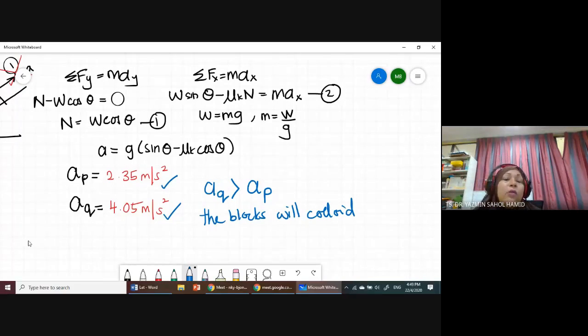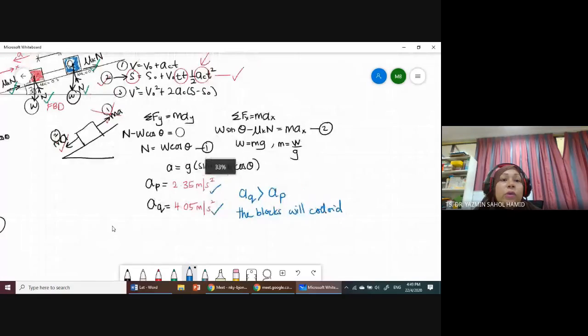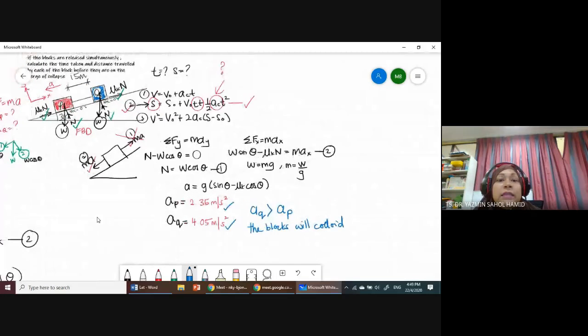Okay, now we have the acceleration. How are we going to find the distance between each block? Now, obviously, you have these two cars. Block P will always be 15 meters apart from block Q, but block Q is going faster. Am I right? So we need to write down the important information that we have in order to solve this question.